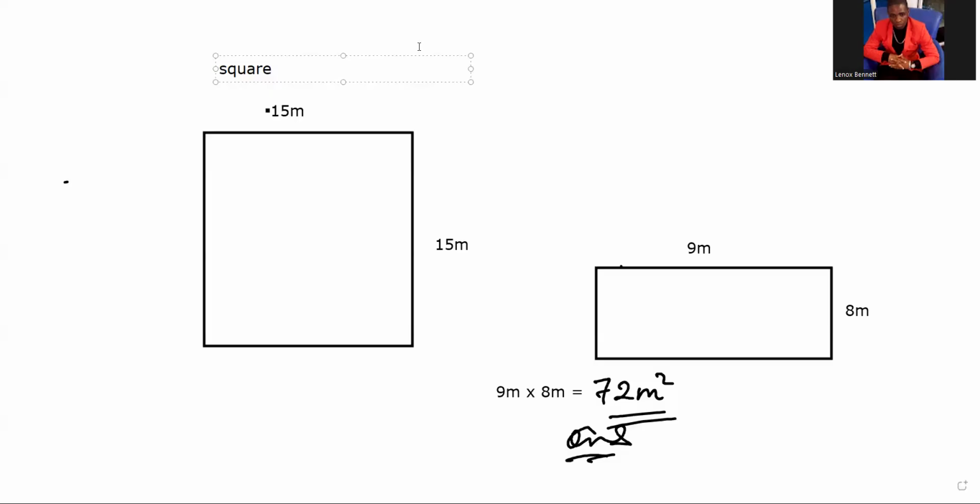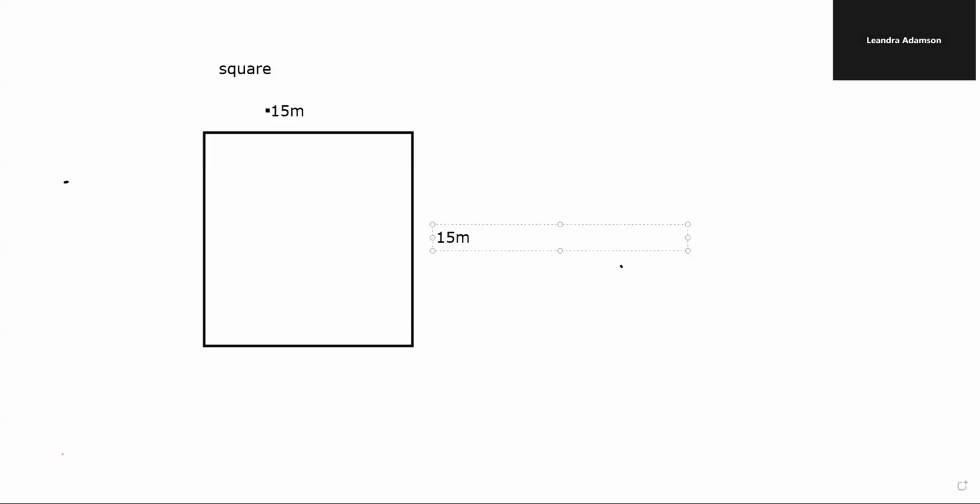Fine. So we're going to find the area. So 15 meters times 15 meters. We're going to set that out. 5 times 5 is 25.